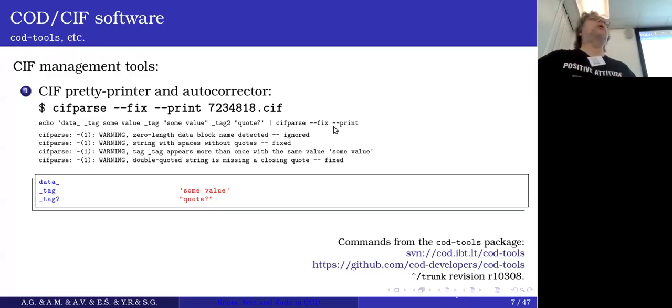Otherwise, the software should not guess what the people meant. People should keep to the standard, and this should be an error. But with an option, you get a warning and you get correctly inserted quotes, essentially restoring the data. With this tool, we can guarantee that the Crystallography Open Database always has correct syntax when you get it from us.